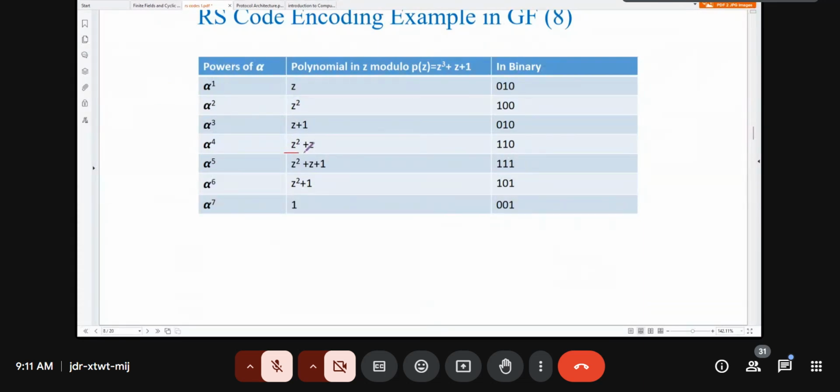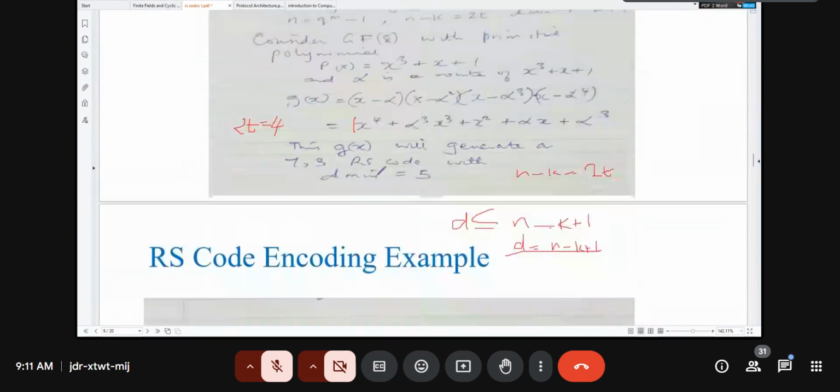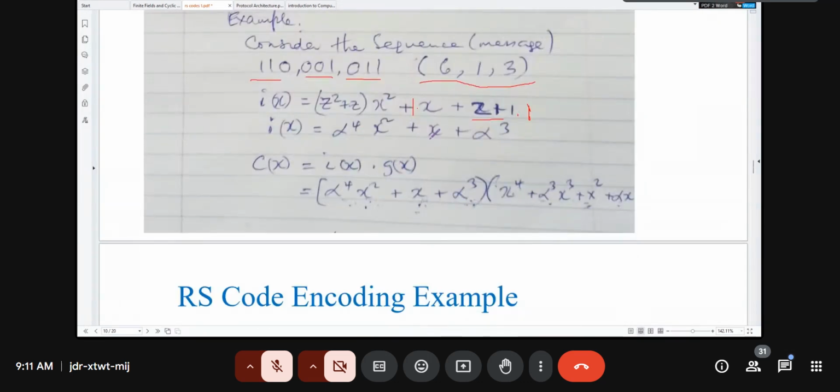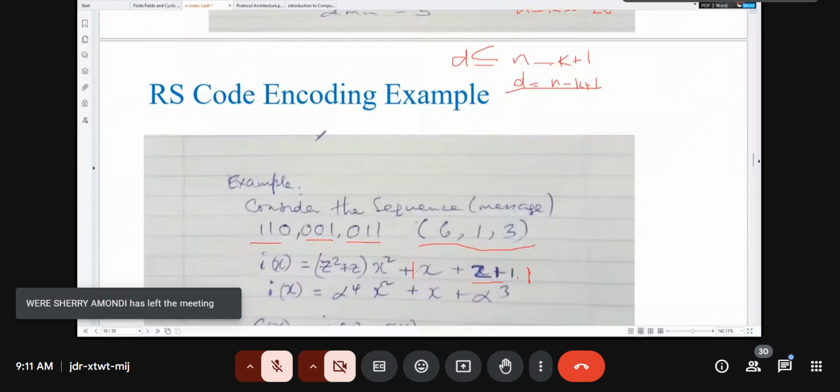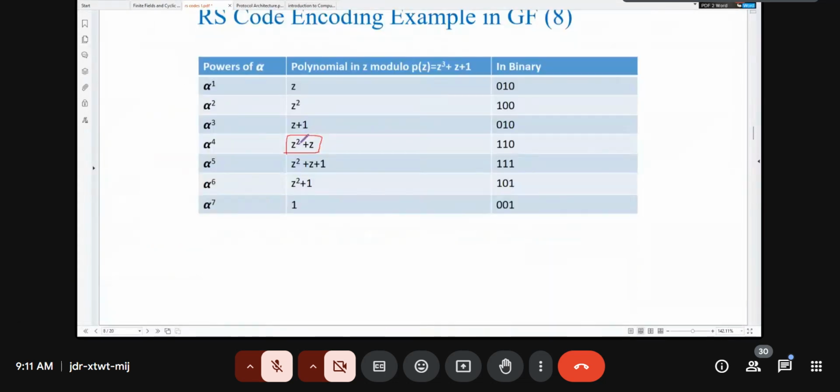This one remains the same. z plus 1 is alpha to the 3.